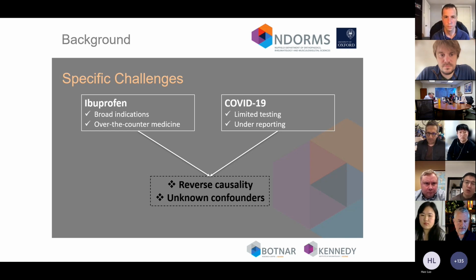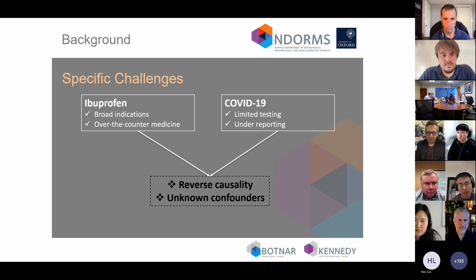The first is that ibuprofen is a typical over-the-counter medication that is widely used with broad indications, which means patients will use it to treat various diseases and conditions. Also, in terms of COVID outcomes, COVID-19 was likely to be underdiagnosed, particularly at the early stage.